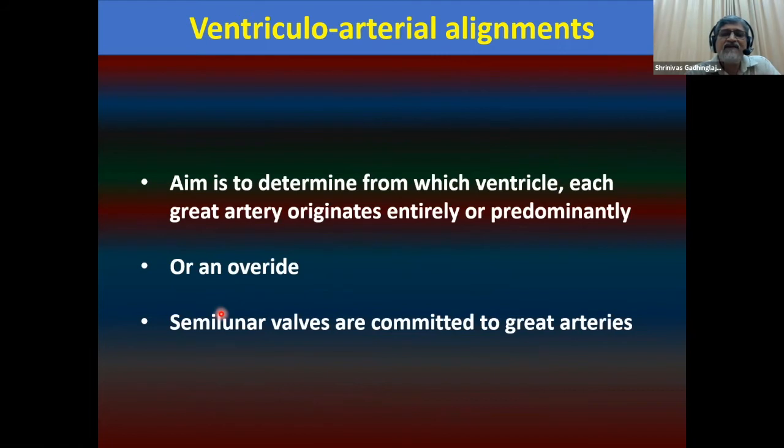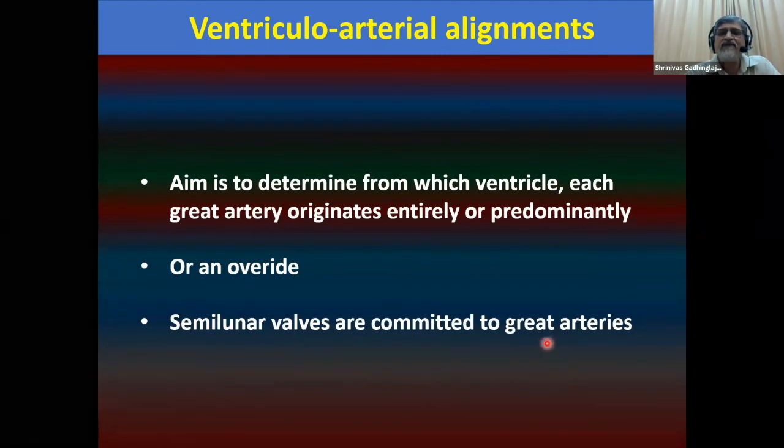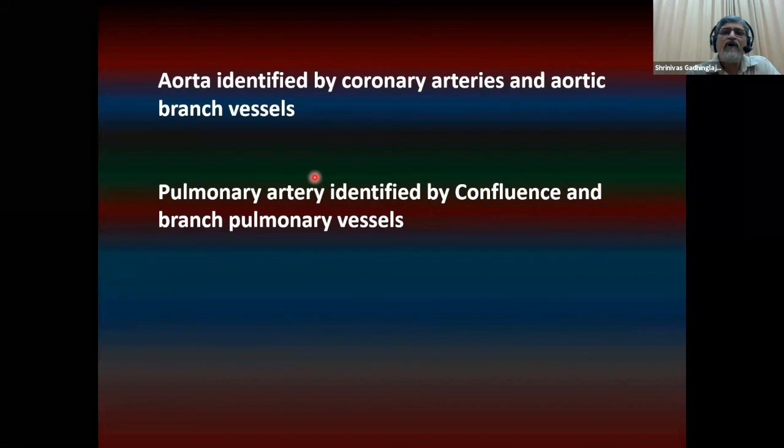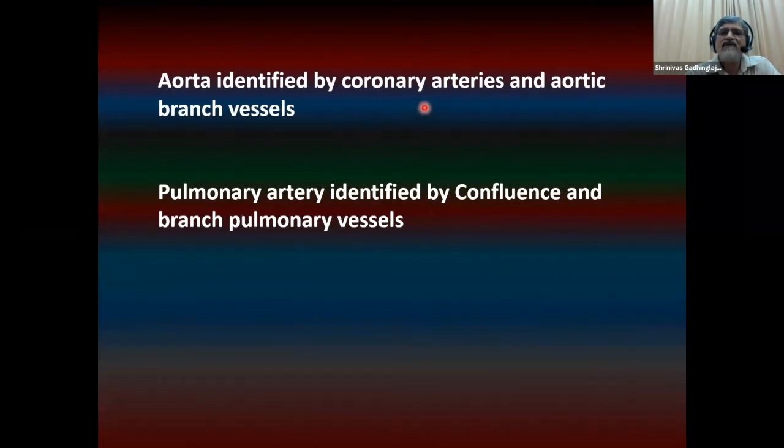And the rule is that all the semilunar valves are committed to the great arteries. That means the pulmonary valve will be committed to the pulmonary artery and the aortic valve will be committed to the aorta. How is the aorta identified? By the coronary arteries and by the aortic arch branch vessels, while the pulmonary artery is identified by the confluence and the branch pulmonary vessels.